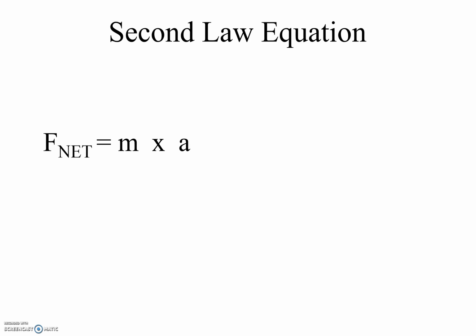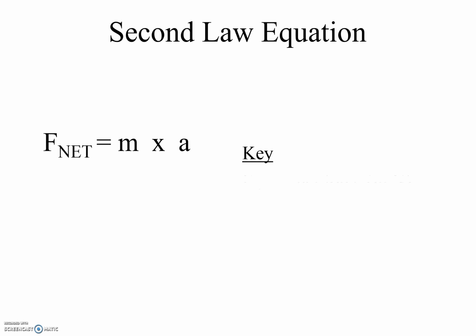So we can put that information into an equation, which is referred to as Newton's second law equation. Our net force equals our mass times our acceleration. So F net equals m times a.